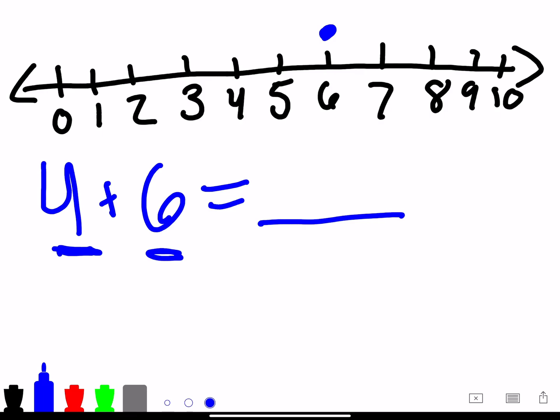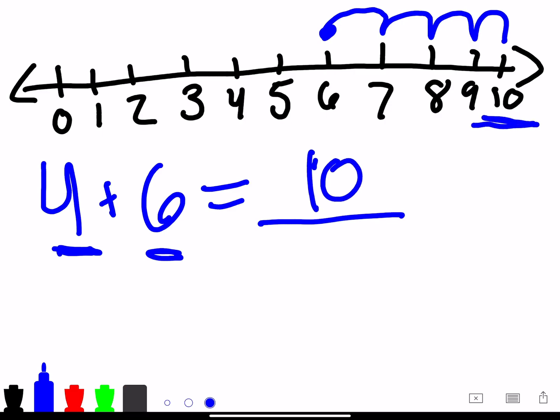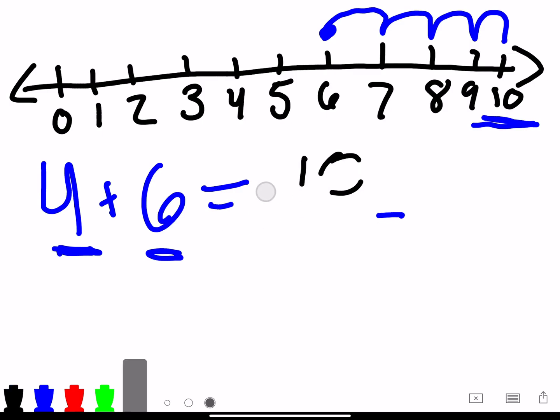So we count upwards using the number 4. 1, 2, 3, 4. And look at that, we landed on number 10. Woo! And that is our answer. Now let's try another example.